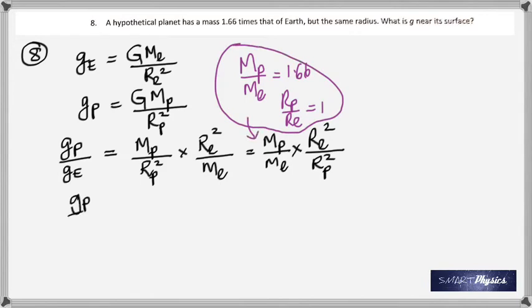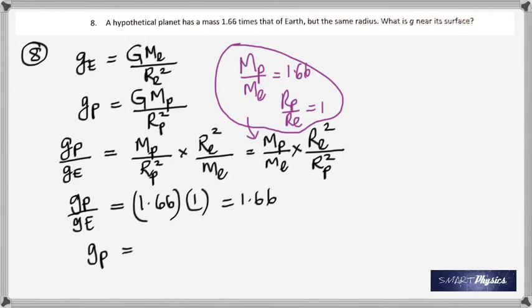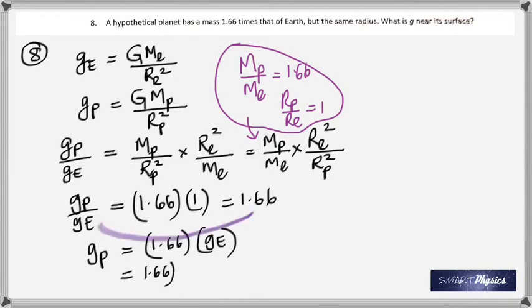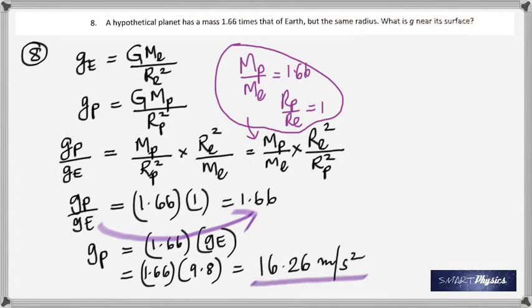So plug it into that, and you will have the answer as 1.66 times gE. That's the acceleration of gravity on the planet, which comes out to be 16.26 meter per second squared.